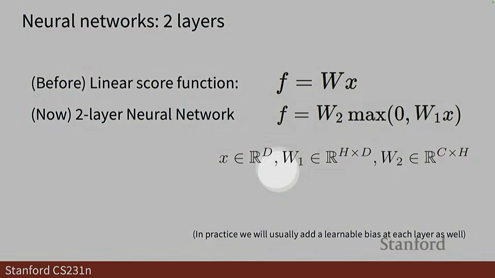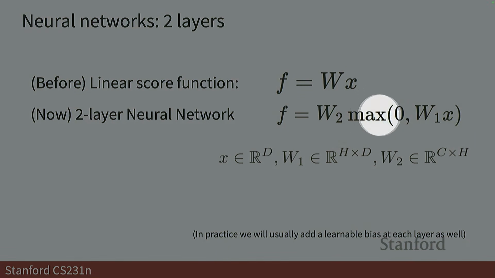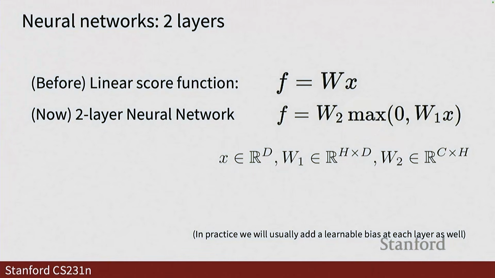The second point is this max function that we'll be coming back to, and we'll explain what it is and what it means. What the max operation is doing here is to create a nonlinearity between the linear transformations done by W1 and W2. And this is actually a very, very important part of the process.